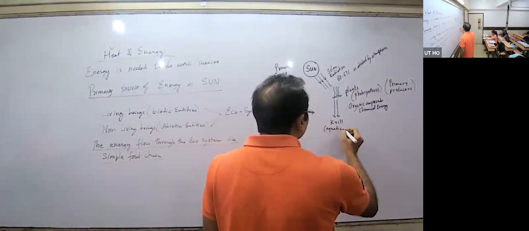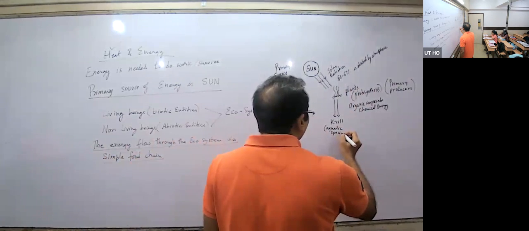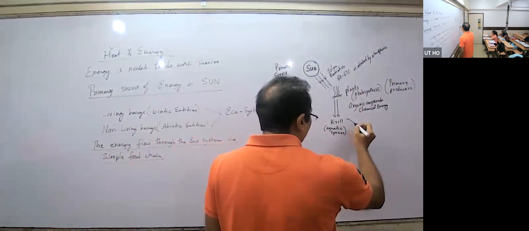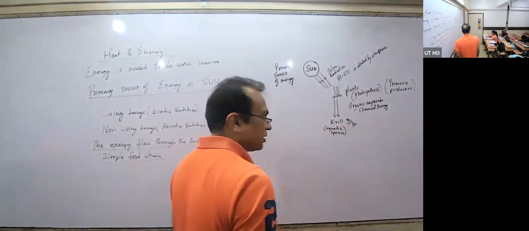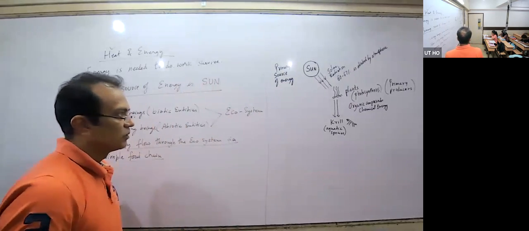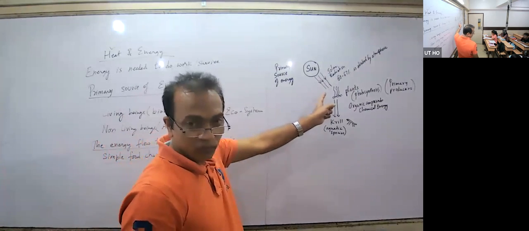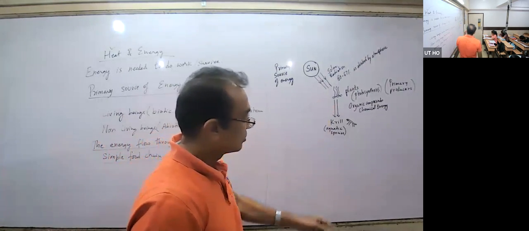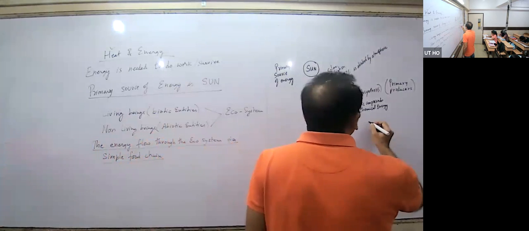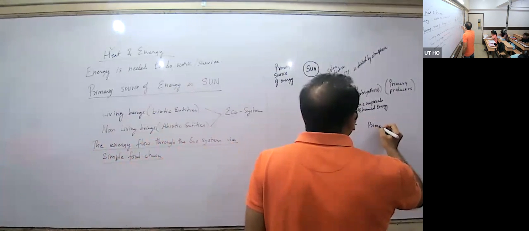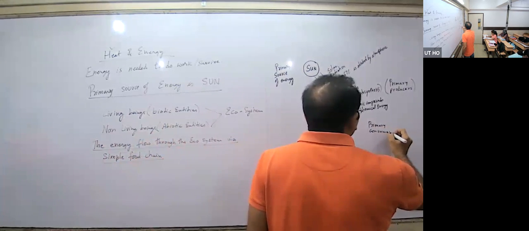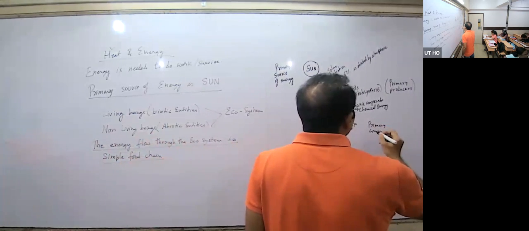It looks something like a prawn. Okay. So it consumes plants, right? So therefore, this is the primary consumer. Right? So primary consumer.